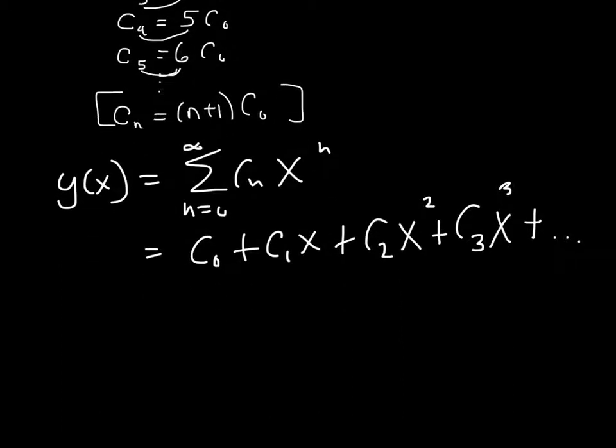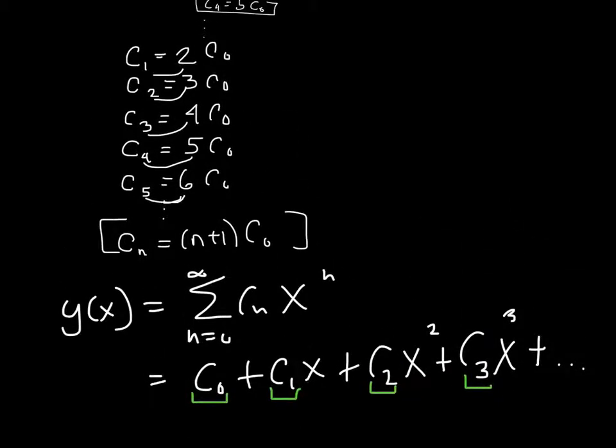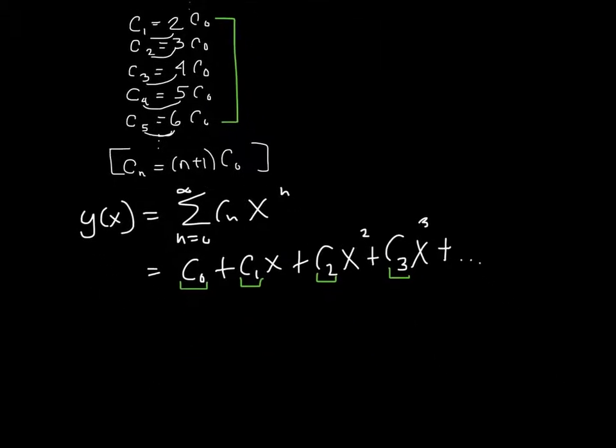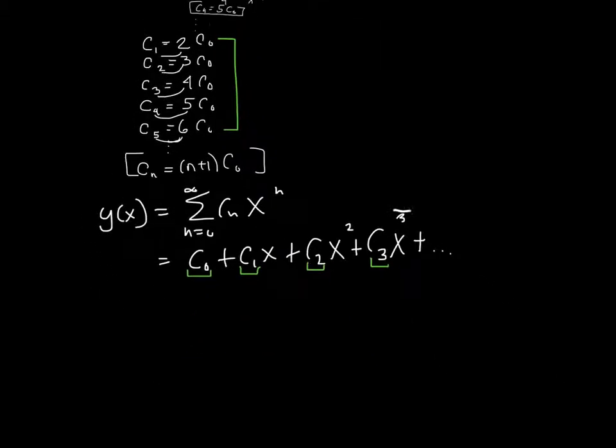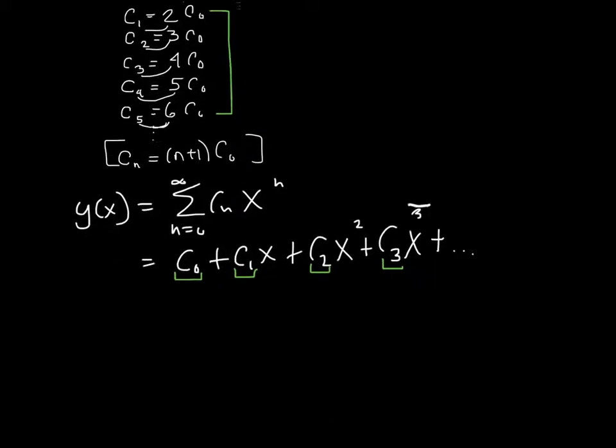Okay, so we found our Cn's. We know C naught is just C naught, and C1, C2, C3 are all right here. So let's just go ahead and substitute these values.